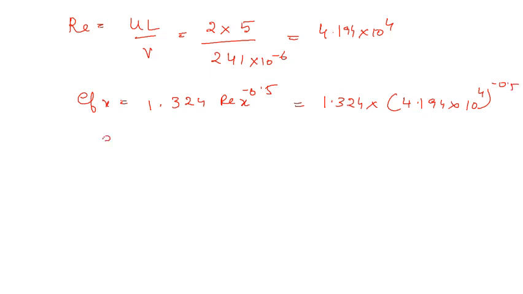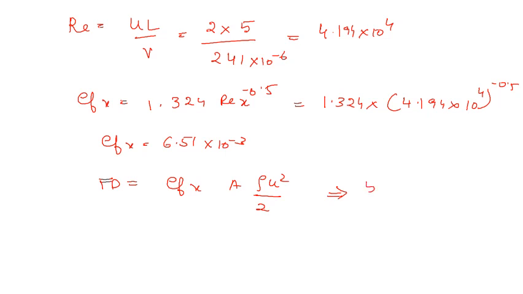So CFX is equal to 6.51 into 10 to the power minus 3. So the drag force FD is CFX into area into rho U square by 2, and by substituting these values we'll get the FD value to be 57.2 Newton.